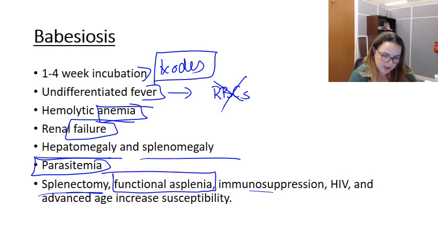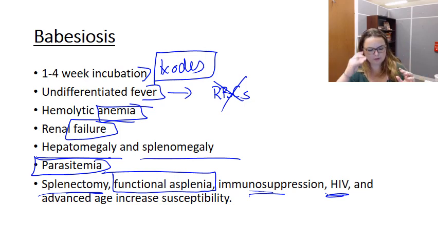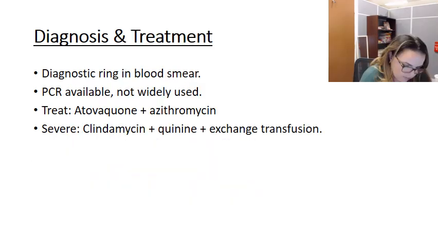Functional asplenia, a good example of patients with functional asplenia would be patients with sickle cell, patients who are severely immunosuppressed, be it because of advanced age or cancer or having had an organ transplant or being HIV positive. All of these patients who have this reduced immune response are more susceptible to developing significant babesiosis.